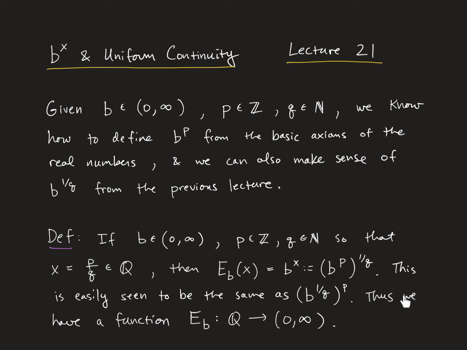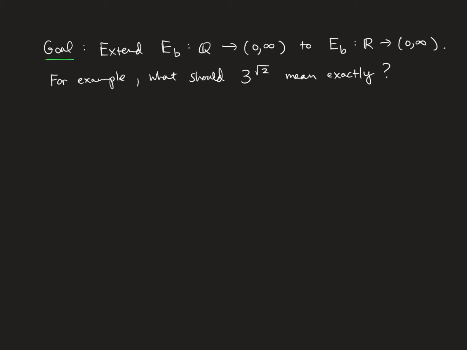And therefore, we have a function defined on the rational numbers taking values in the positive real numbers. Okay, so this is our basic exponential function. Our main goal is to extend this function as defined on the rationals to be defined on all of the reals. So for example, we want to know what, say, 3 to the square root of 2 means, an irrational power.